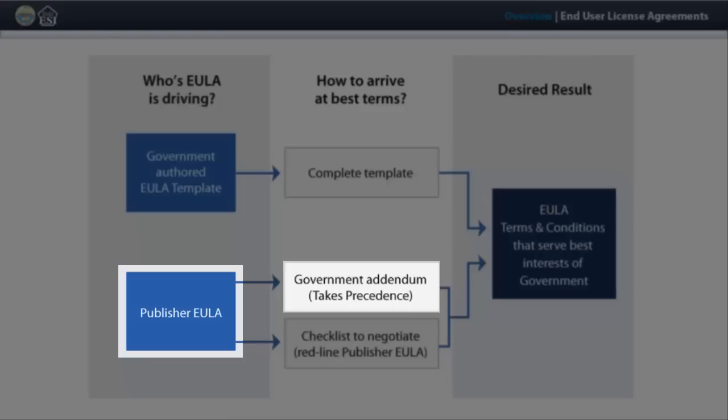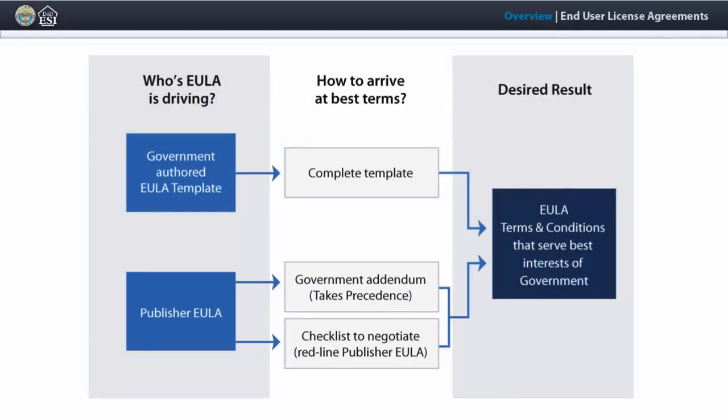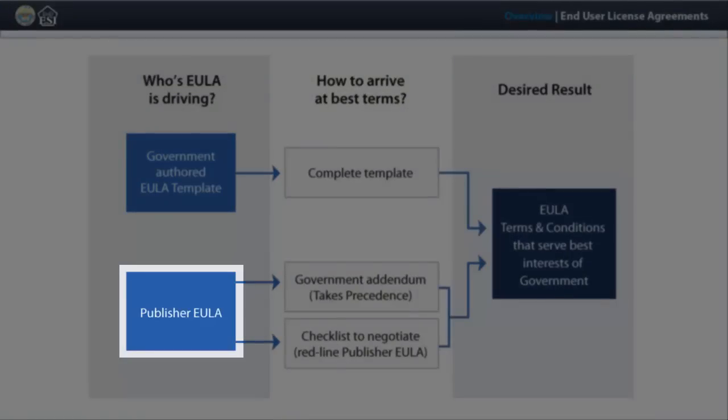The addendum should ensure that the government's required terms take precedence over any conflicting terms in the publisher's EULA. Finally, when starting with the publisher's EULA, in lieu of an addendum, you may edit the EULA using a checklist of key terms required by the government. This is the least effective and most time-consuming alternative for the government.